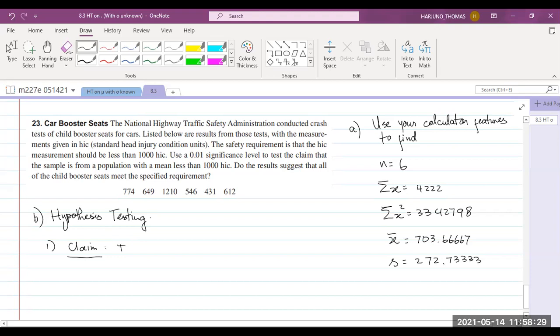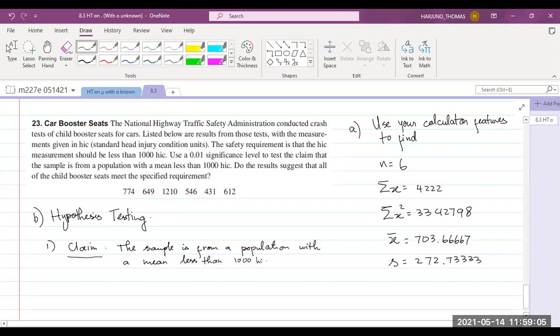The sample is from a population with a mean less than 1,000.